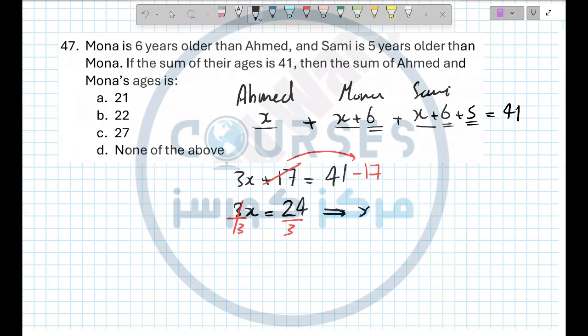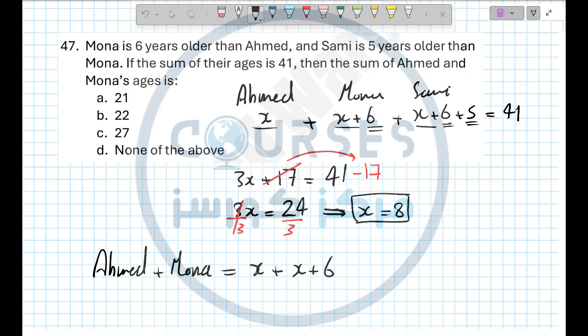So x equals 8. What does he want? He wants Ahmed plus Mona. Ahmed is x, Mona is x plus 6, and x is 8. So that's 8 plus 8 plus 6. 8 plus 8 is 16, plus 6 is 22.